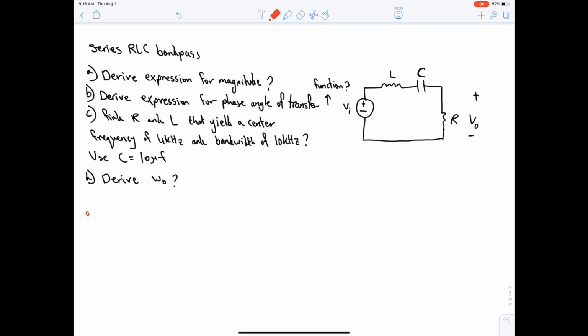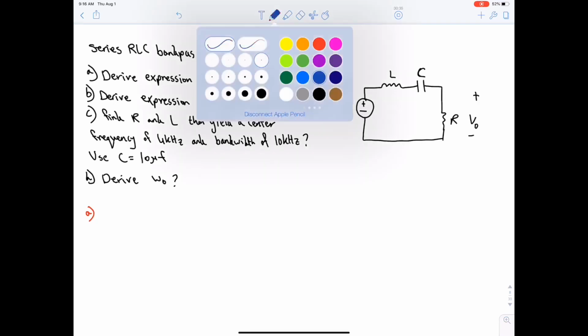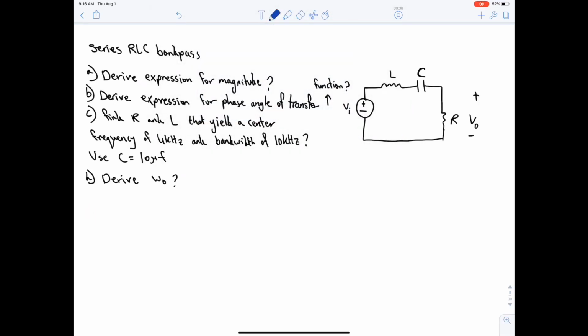Let's start. Part A. We have to start from H of s, which is the transfer function, V output over V input.